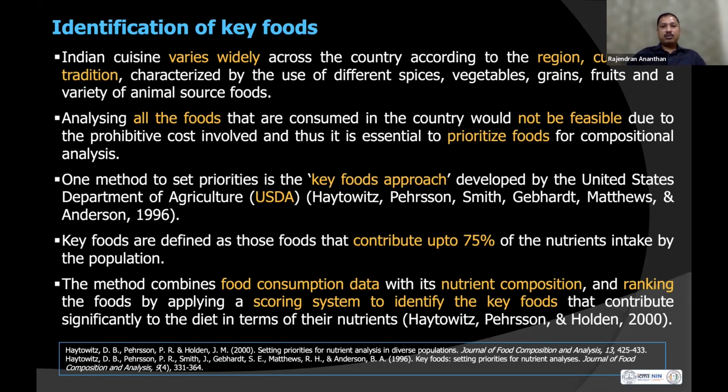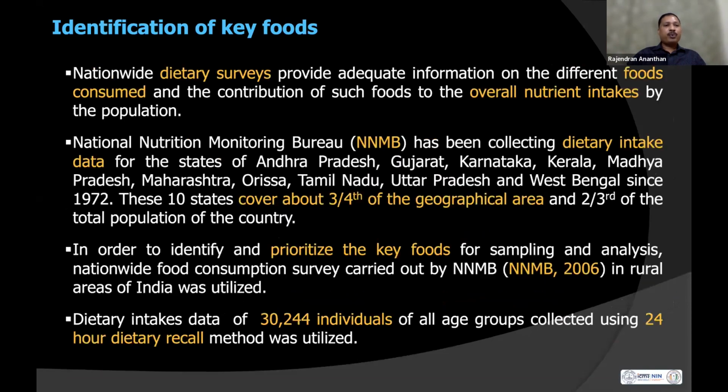Based on this systematic arrangement, we identified the foods and already published them in our book as key foods. For the identification of our key foods, we used the National Nutrition Monitoring Bureau (NNMB) database of 2006.